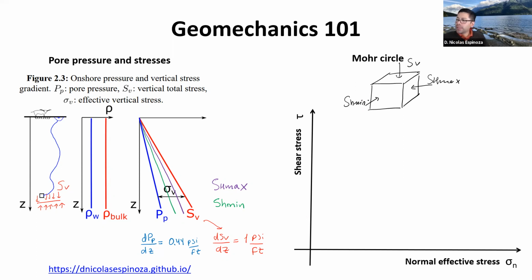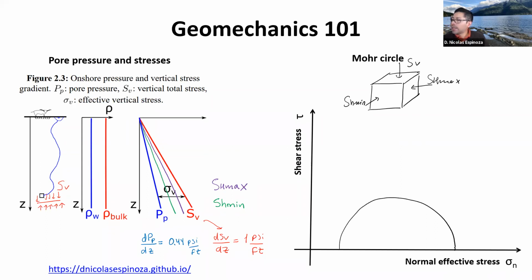And the way we represent this in mechanics is through the Mohr circle. So probably some of you remember the Mohr circle from your materials class. And a Mohr circle, we plot with the normal stress on the x-axis and the shear stress on the y-axis, and it looks something like this.